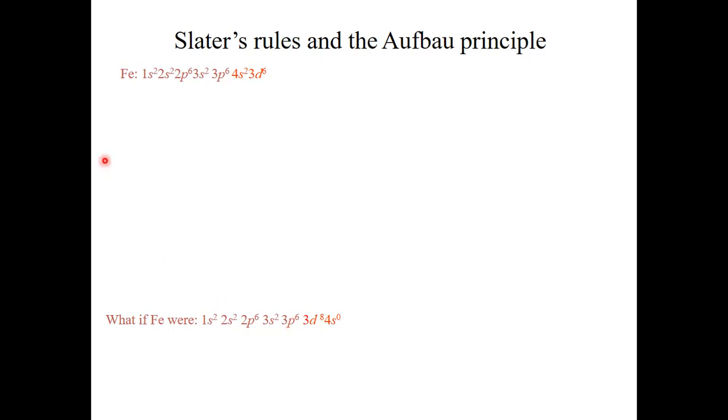So let us look at this electron configuration first, with the 4s subshell being filled first. We need to first write out the electron configuration in Slater form. That means we have to list the 3d electrons first, and then the 4s electrons.